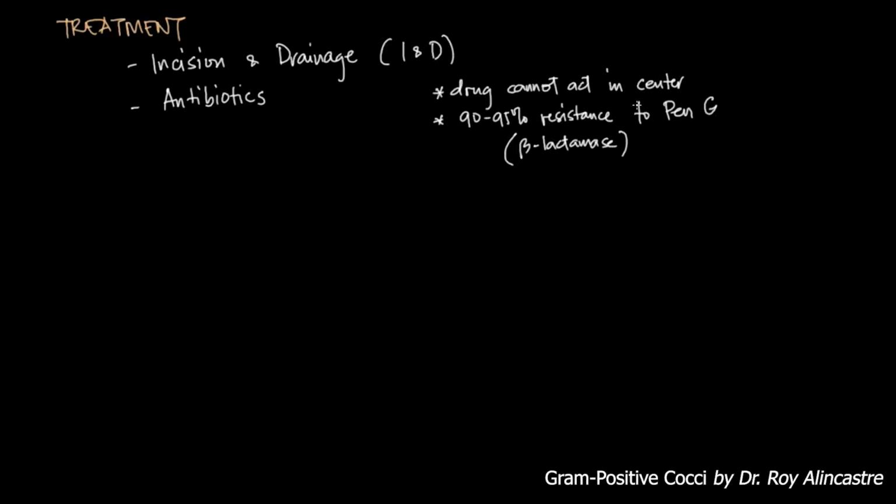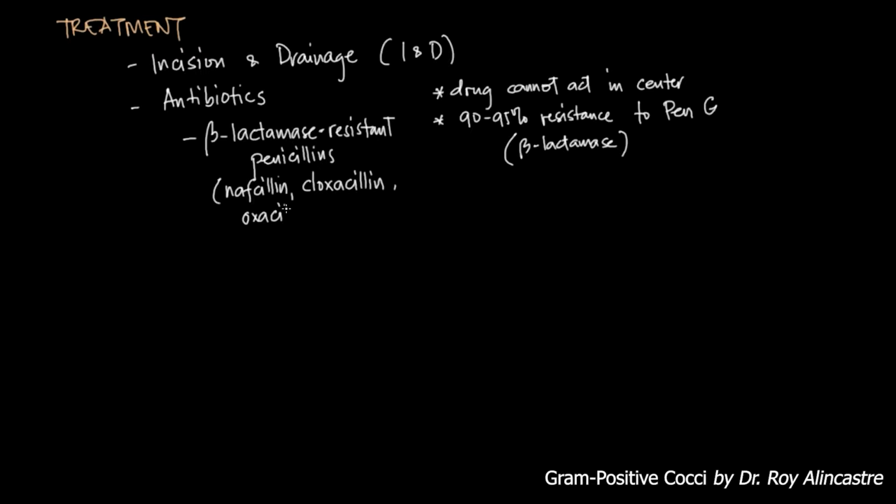So what we can use then are beta-lactamase resistant penicillins, for example: nafcillin, cloxacillin, oxacillin, or dicloxacillin, and some cephalosporins and vancomycin.